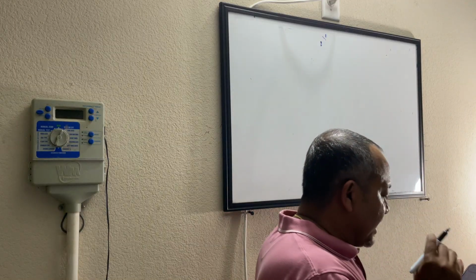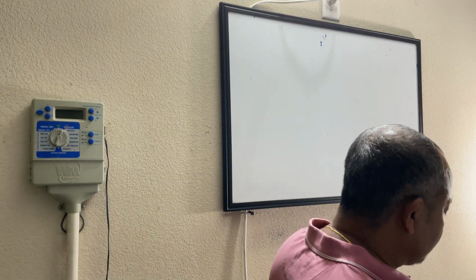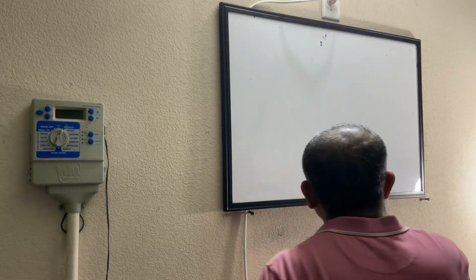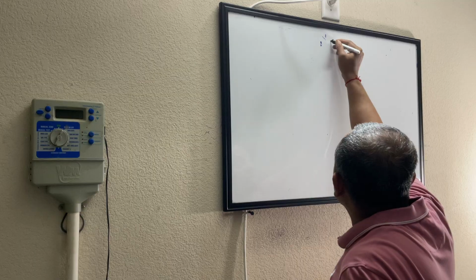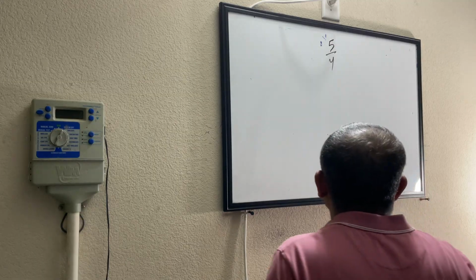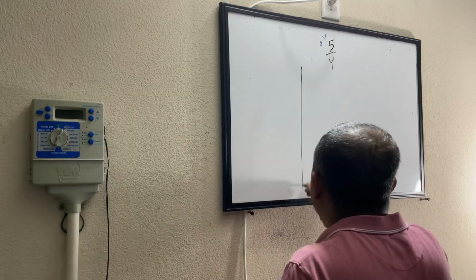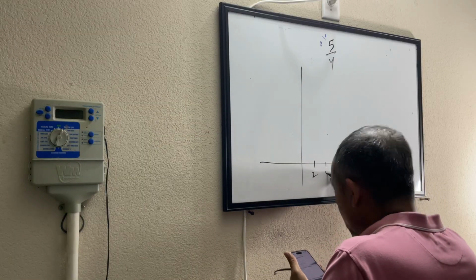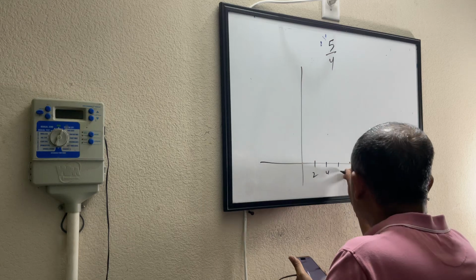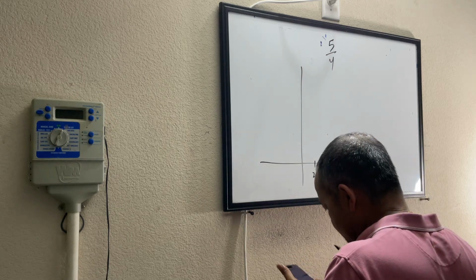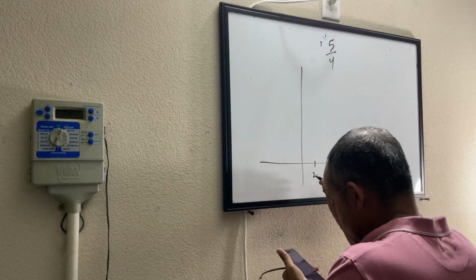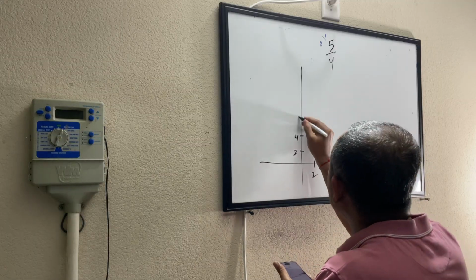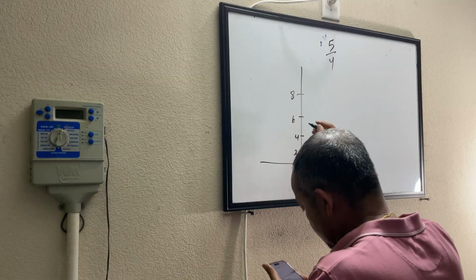I have a question. It says, which line has a constant of proportionality between y and x of 5/4? We are given options with values 2, 4, 6, 8.